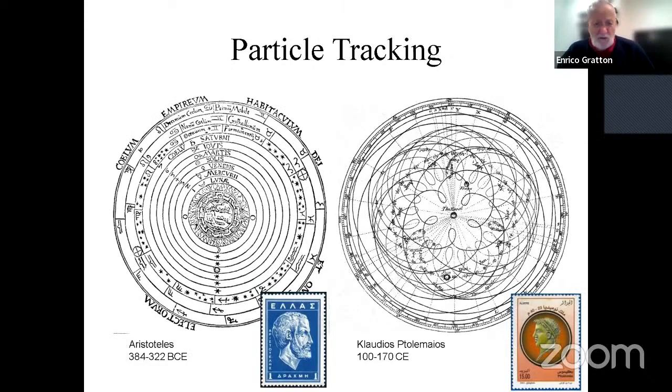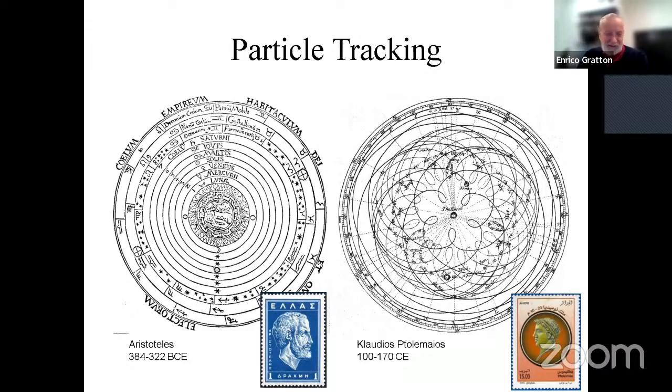Okay, so particle tracking, of course, was one of the earliest things that men and women did. Those are two stamps from Aristotle and Ptolemy, and you can see the complexity that they end up with by putting the earth in the middle.